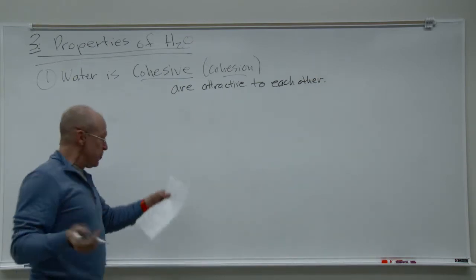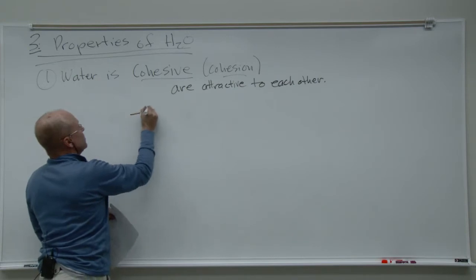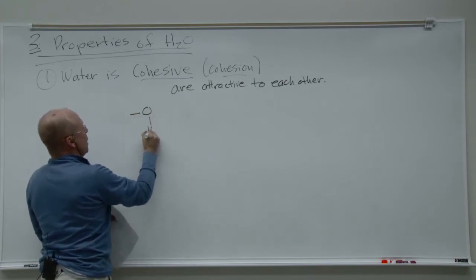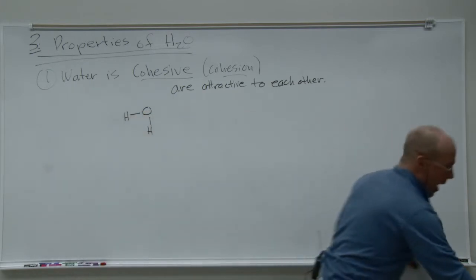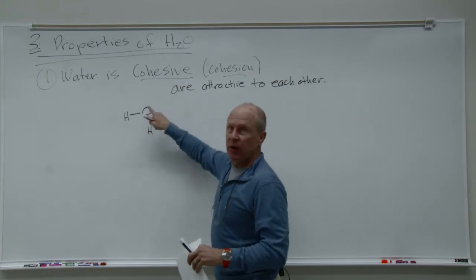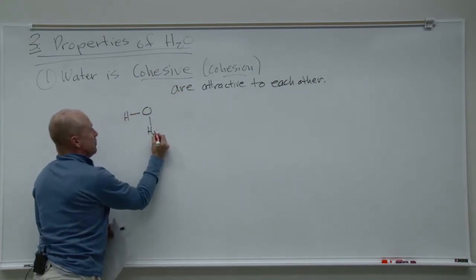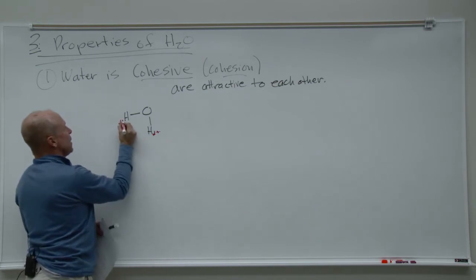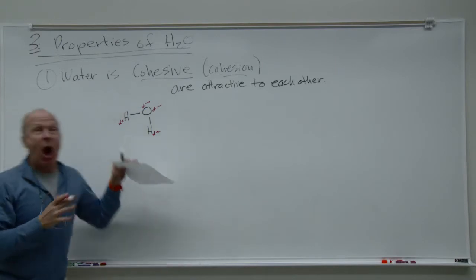And I've drawn this before. It's all about partial positive and partial negative. So remember when we draw a water molecule, we always draw the water molecule kind of in this bent form because that reflects the tetrahedral structure. So what we would do is assign partial positive charges to the hydrogens, partial negative charges to the oxygens.